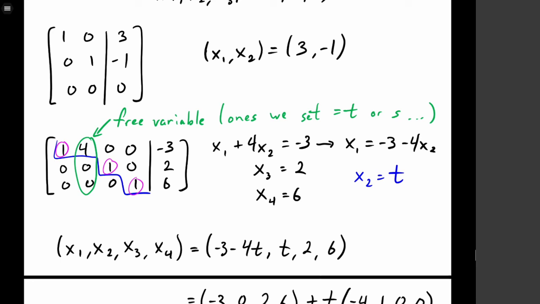As long as you cut it down to that form, you can pick out these leading ones and these free variables, which are your parameters, and it'll make it really easy to write down the solution to your system of equations. Okay. So I'll leave this video here, and then we'll work on an example in the next video.